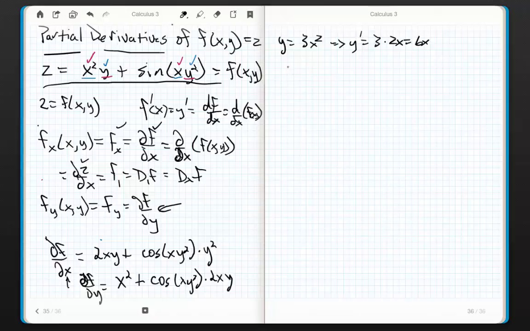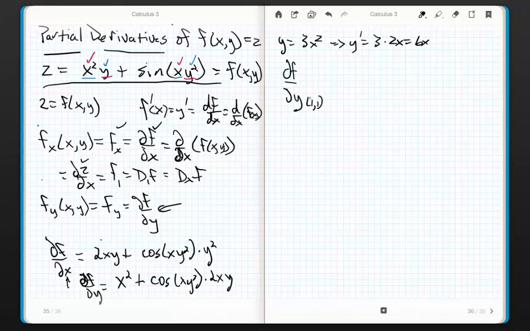But let's make sure that we understand what we're doing, and we'll refer back to that graph in just a sec. Remember, we don't just take these derivatives. We want to evaluate them at a point. So let's say, just for giggles, that I want to do df over dy at the point 1, 1. Now, what this is saying is we are fixing our curve at x equals 1, that plane.